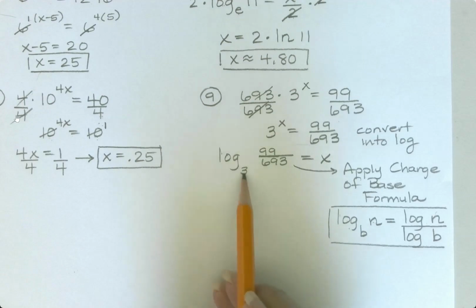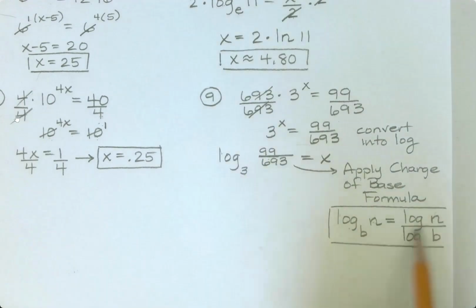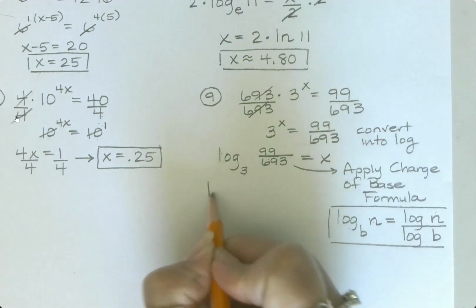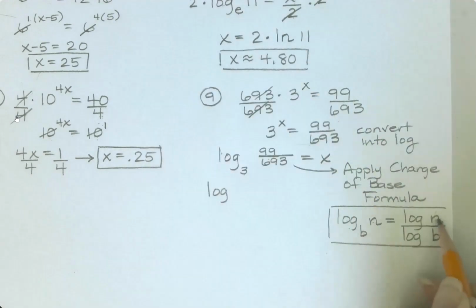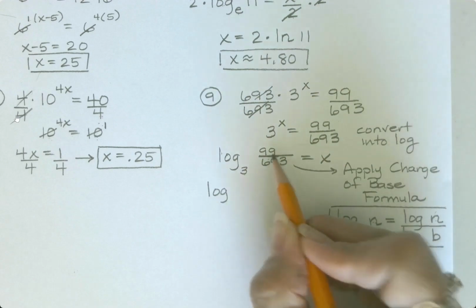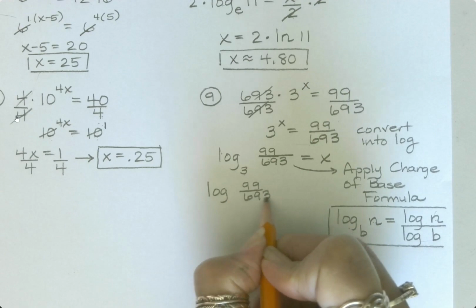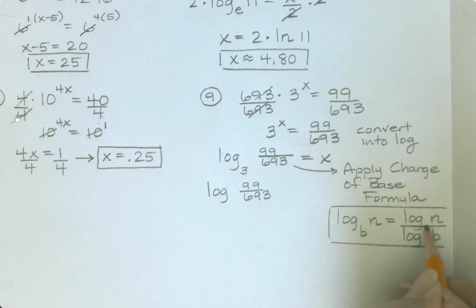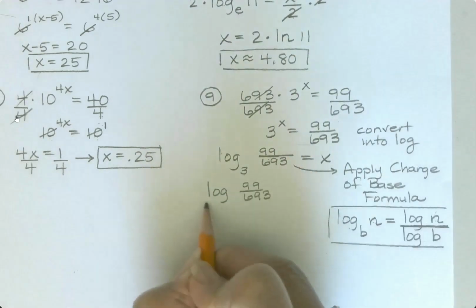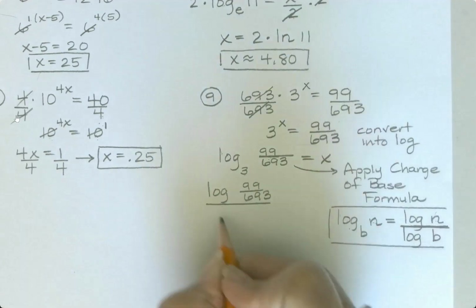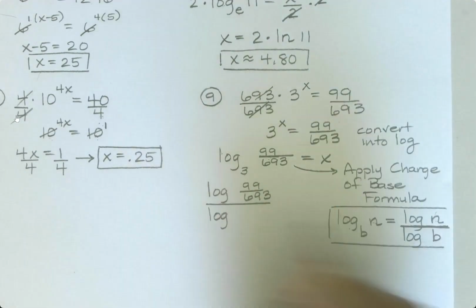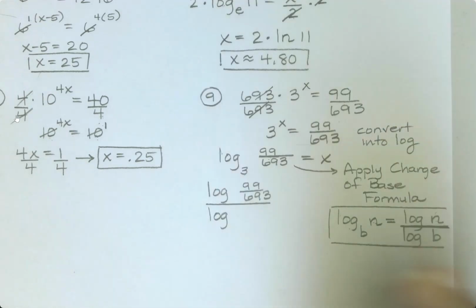So let's apply this rule to this. Log base b of n is going to be rewritten as log of my n. My n is this number, 99 over 693, over, make it a quotient, over, write the log again, of the b. The b is your subscript. My subscript is the 3, okay?